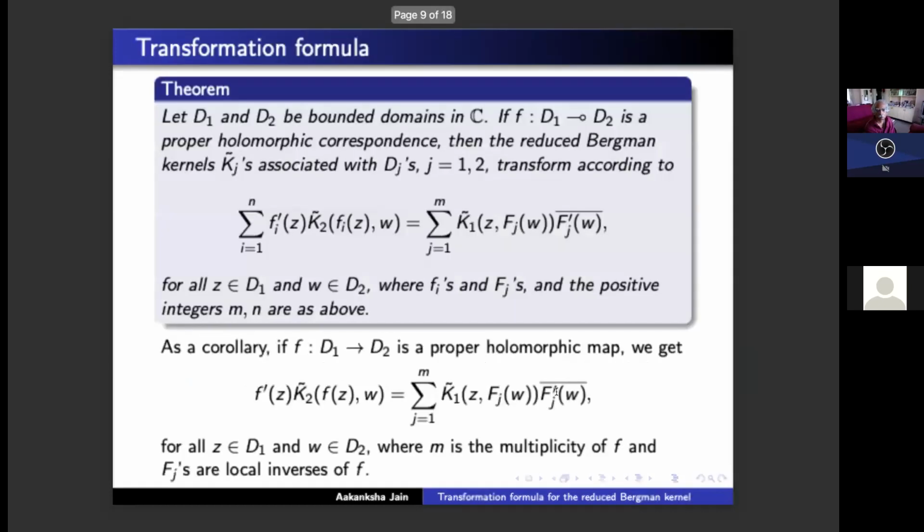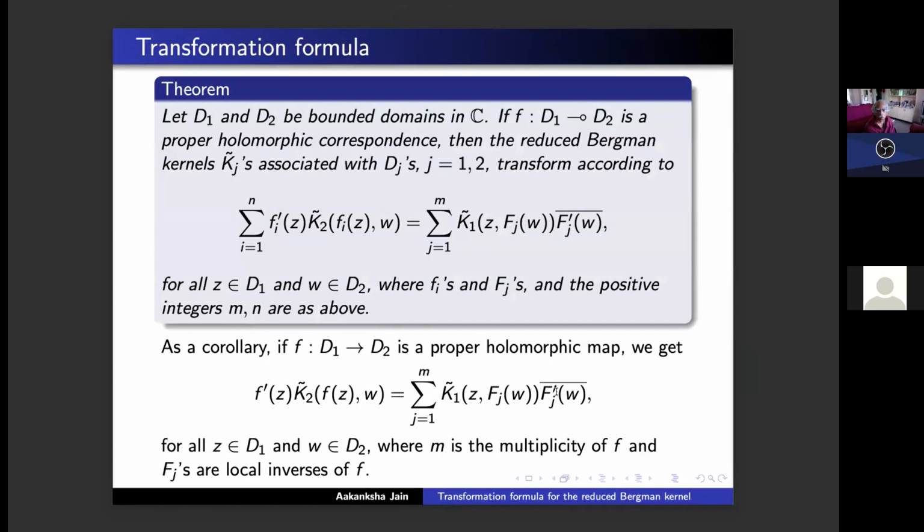Now we are ready to state the transformation formula for the weighted reduced Bergman kernels under proper holomorphic correspondences. Let D1 and D2 be bounded domains in C, and F a proper holomorphic correspondence.